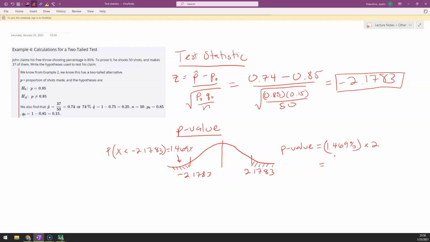If we take that number times 2, it will give us our p-value, which in this case comes out to 2.938%, or as a decimal, this would be 0.02938. So our p-value, this right here, is the chance or the likelihood of seeing our data if he was correct.